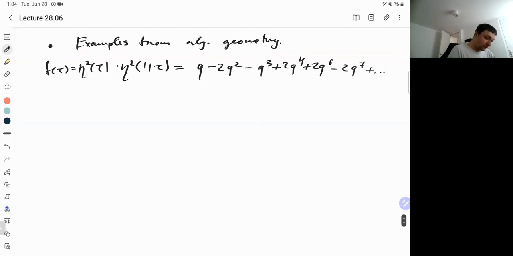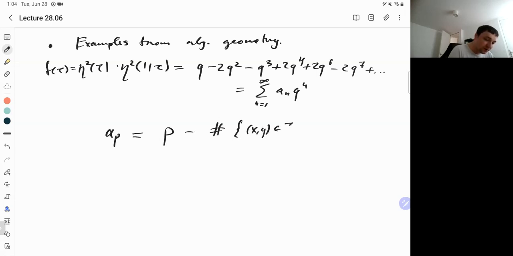What this modularity theorem tells you in this special case is, if you say this is the sum of a_n q^n from n equal 1 to infinity, then a_p for p prime is equal to p minus the number of solutions x and y modulo p of the equation y squared plus y equals x cubed minus x.